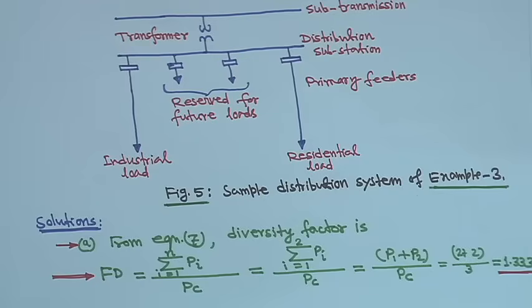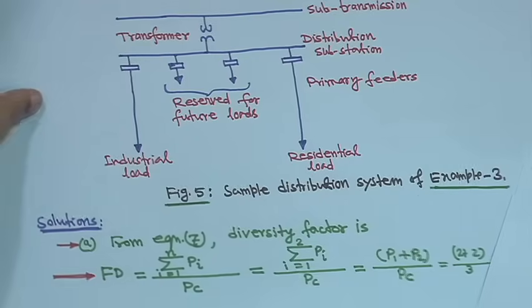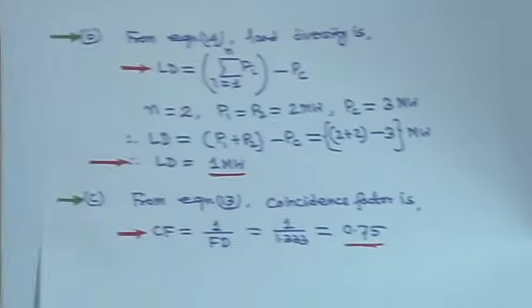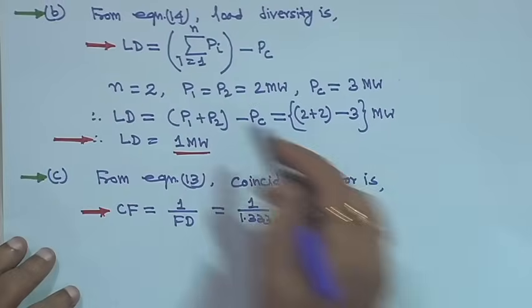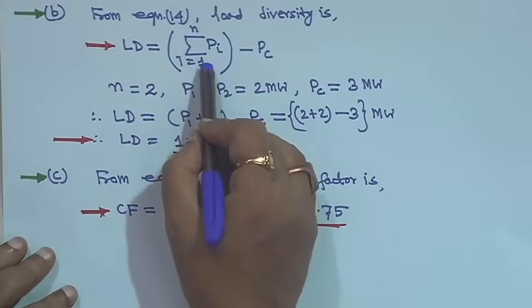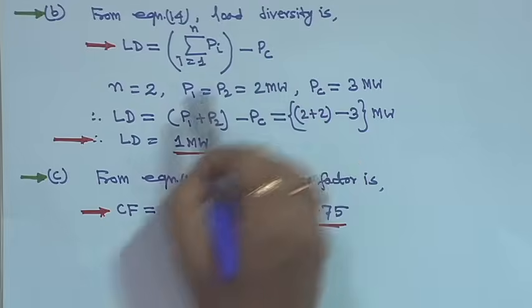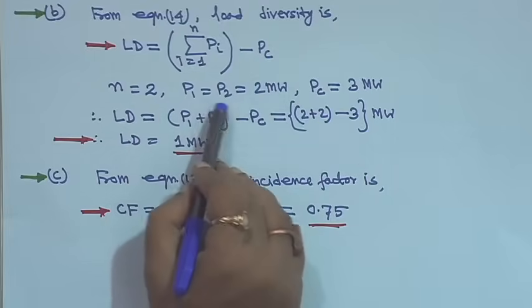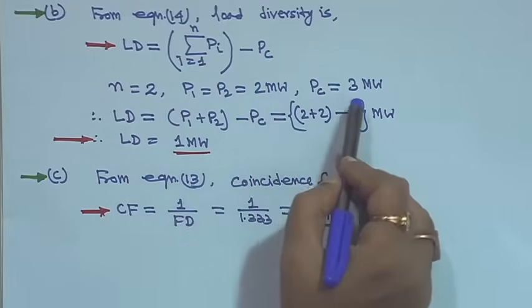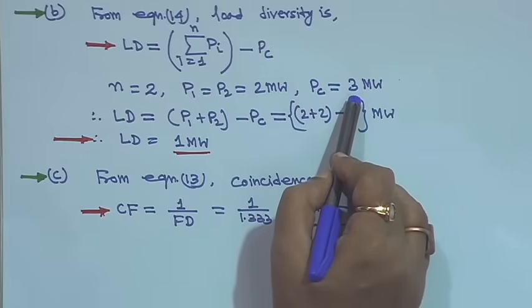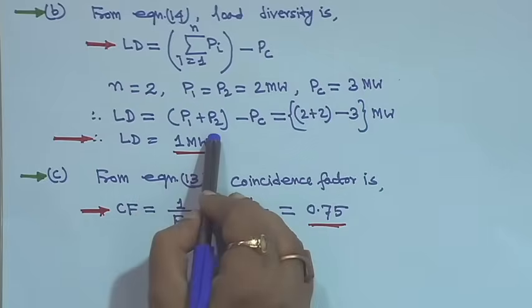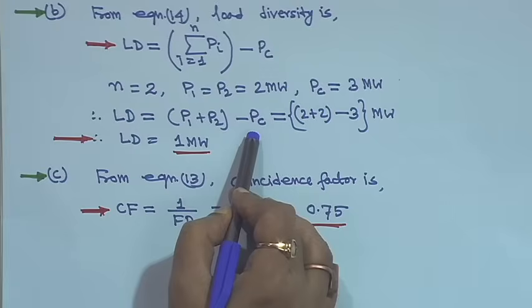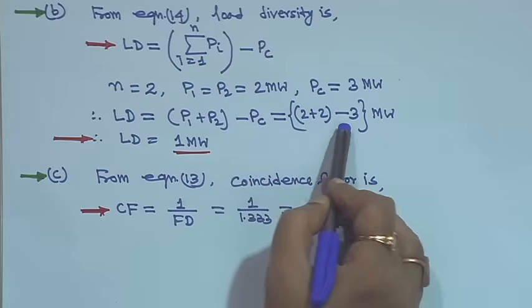Now, from equation 14, the load diversity LD is equal to sigma i equal to 1 to n Pi minus Pc, n is equal to 2, P1 is equal to P2 is equal to 2 megawatt and Pc is equal to 3 megawatt. Therefore, load diversity is equal to P1 plus P2 minus Pc, that is 2 plus 2 minus 3 megawatt.